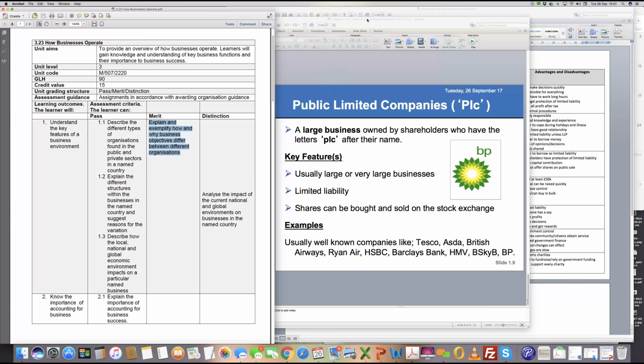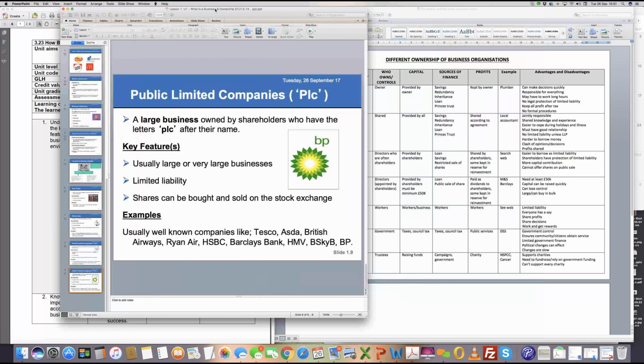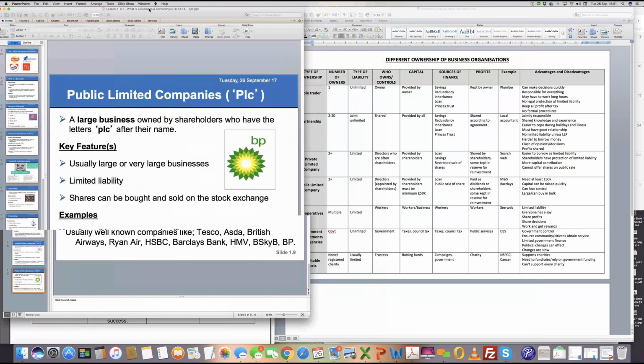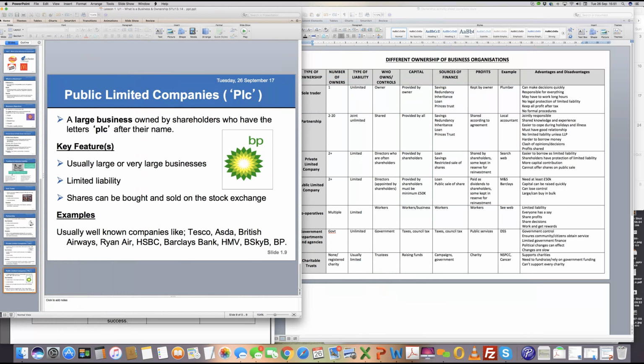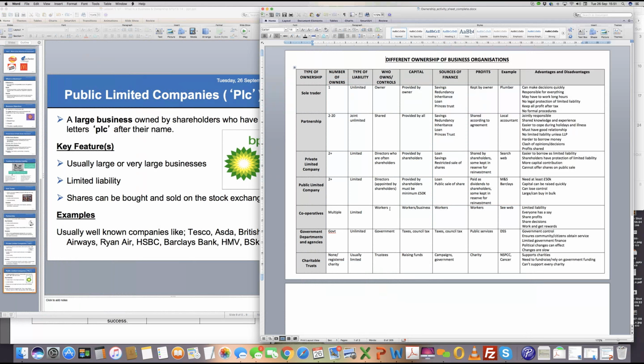So what I'm going to do is stop here for today, and then I'm going to send a copy of this presentation to you and this particular handout, which will help you to understand this particular learning outcome, task 1.1, 1.2, and 2.1.